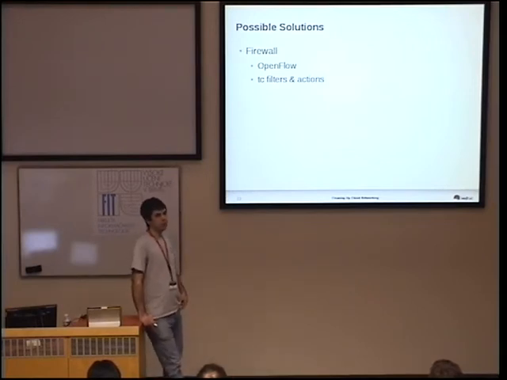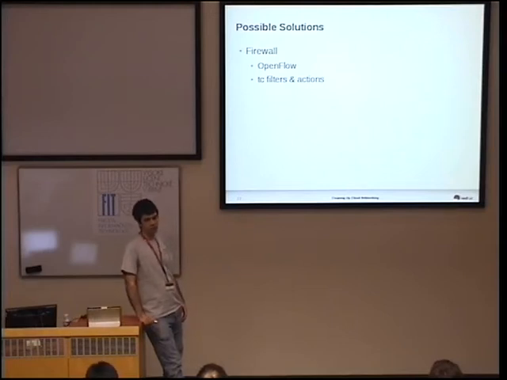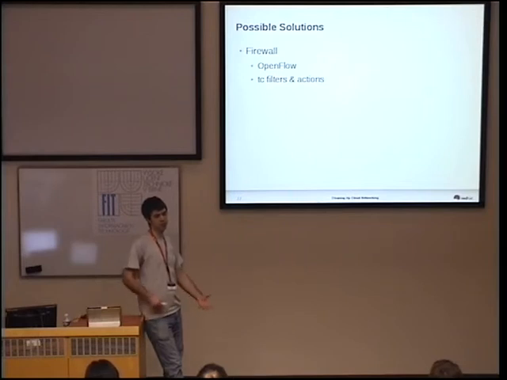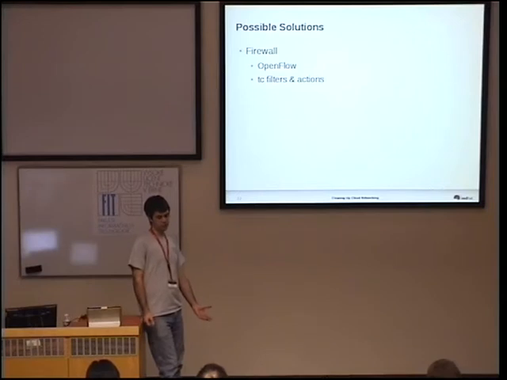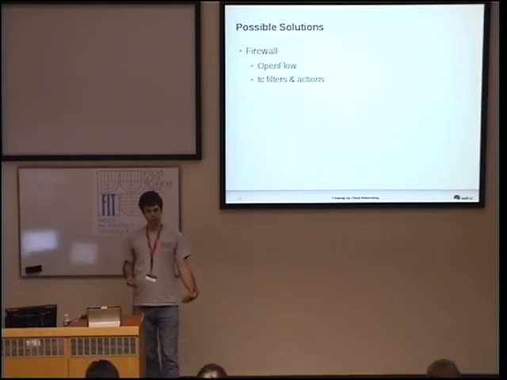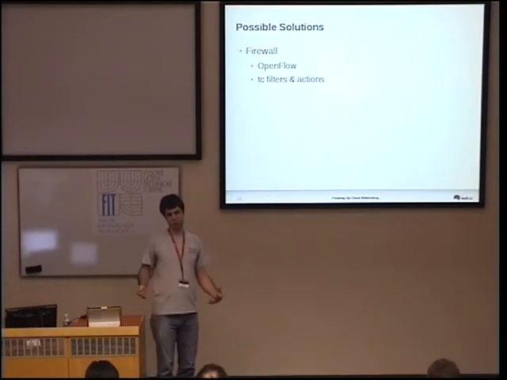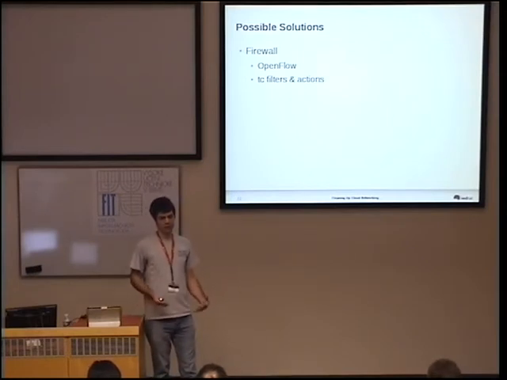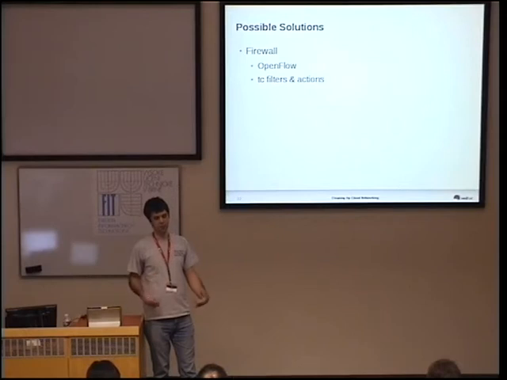Or we can use something other. We can use TC, traffic control. That's infrastructure in the Linux kernel that's mainly used for quality of service, like shaping. What's shaping? You have packets, and you decide which kind of packets will go through with which priority. If the traffic is going too fast, you start dropping traffic according to some rules.